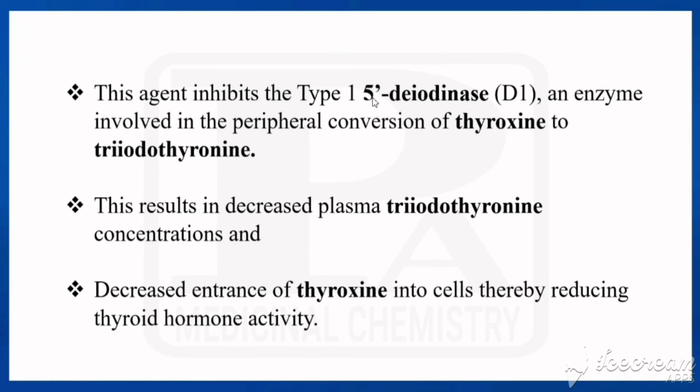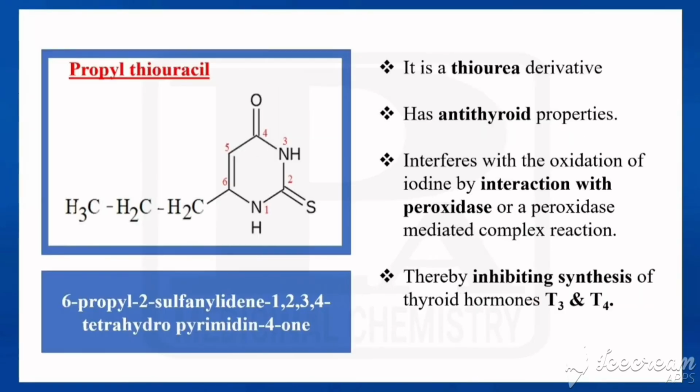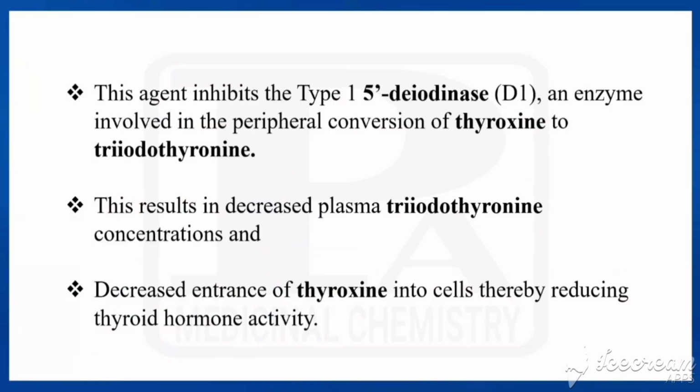What is the name of the enzyme? 5-deiodinase. Propyl thiouracil inhibits this enzyme, so T4 would not be converted to T3. This results in decreased plasma triiodothyronine concentration and decreased entrance of thyroxine into the cells. So it reduces thyroid hormone activity.